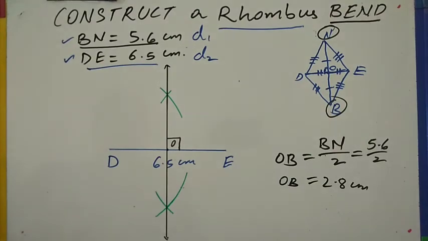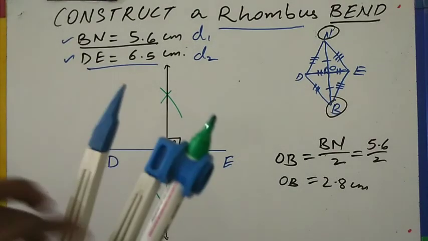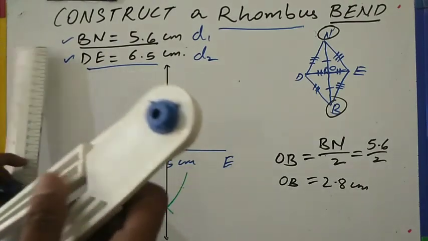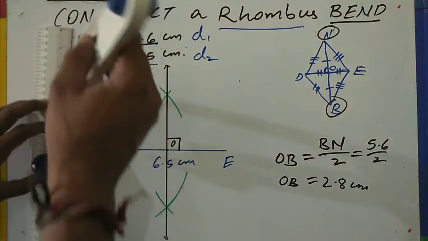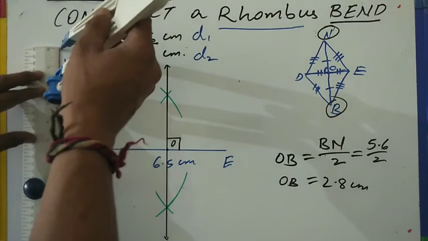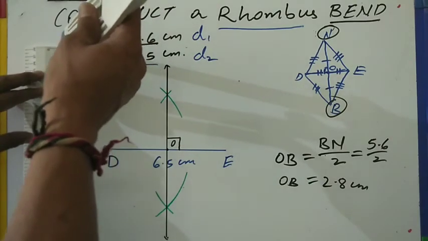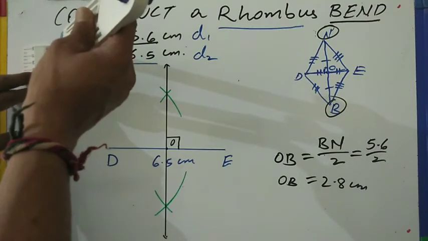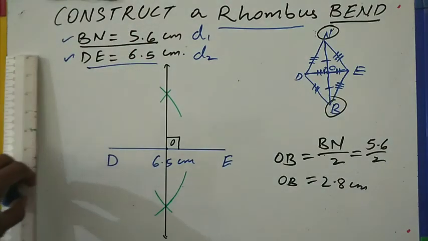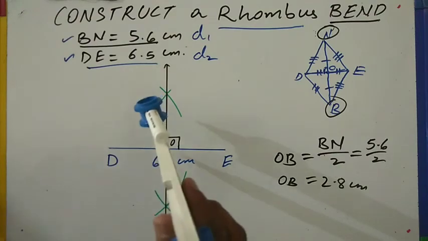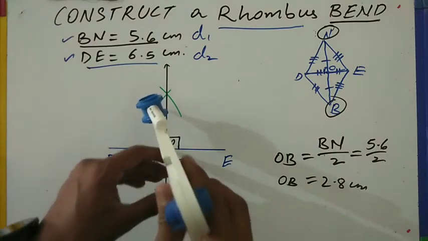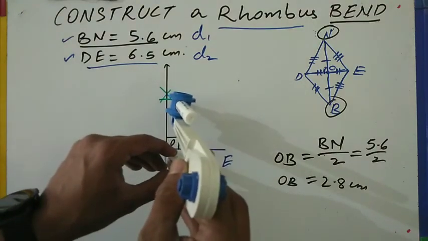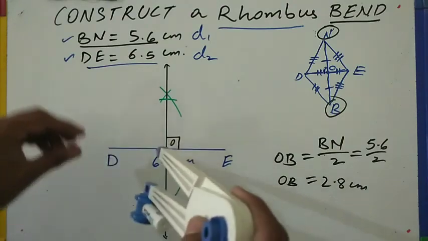That means, with the help of compasses, 2.8, now with 2.8 I will take O as the center, I will make arcs above and below.